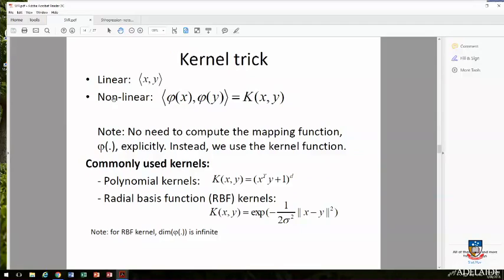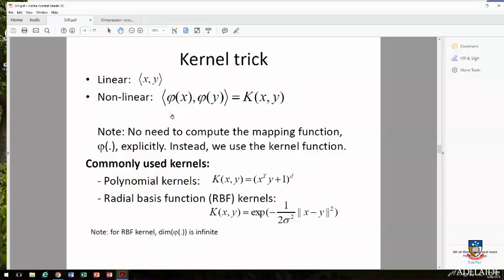So after we have the dual problem, now it becomes very straightforward to apply the so-called kernel trick, right? We just replace this linear inner product with a nonlinear kernel function. This way, we don't need to know the mapping function phi.